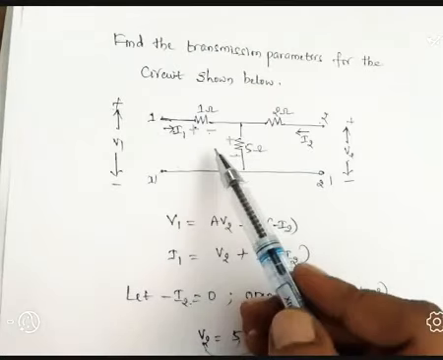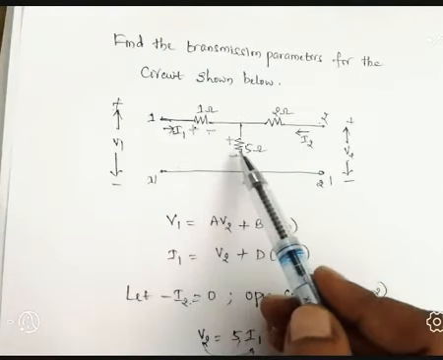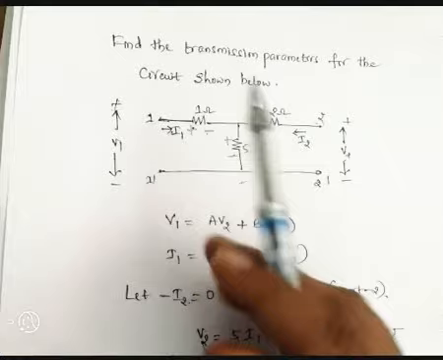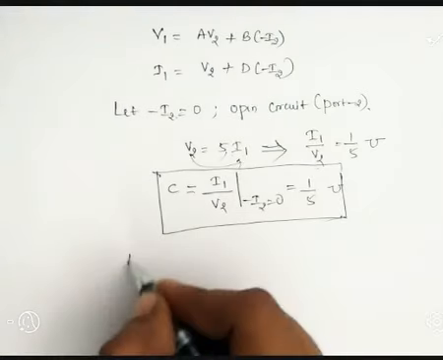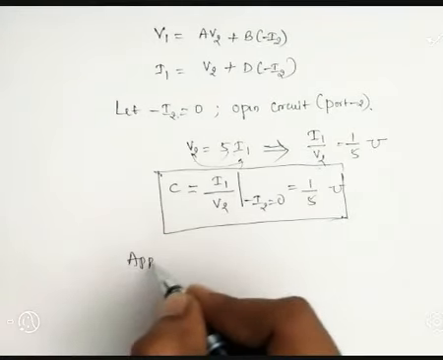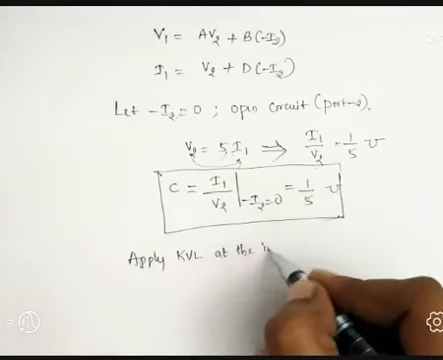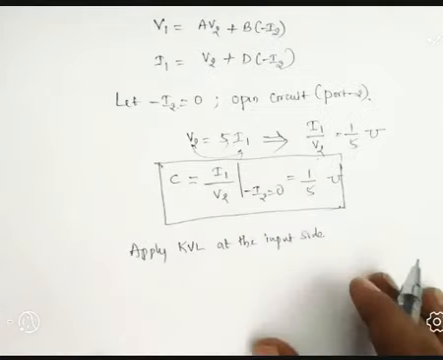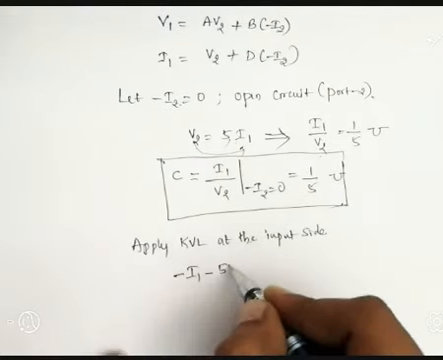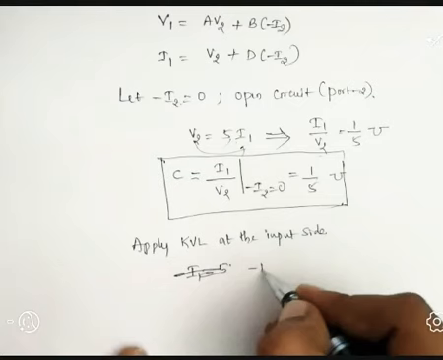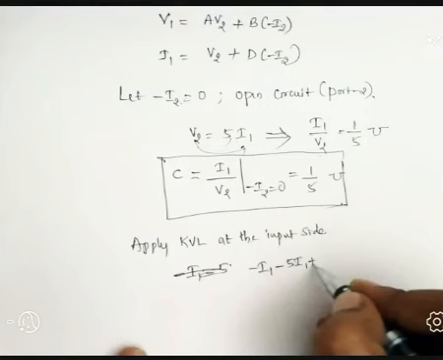Because of that reason, after applying the KVL to this port, minus I1 minus 5I1 plus V1 equal to 0. Okay, I'm going to write that equation. Apply KVL at the input side, we get minus I1 minus 5I1 plus V1 equal to 0.